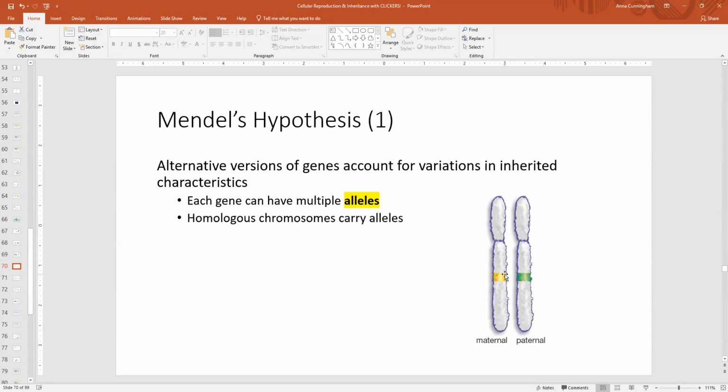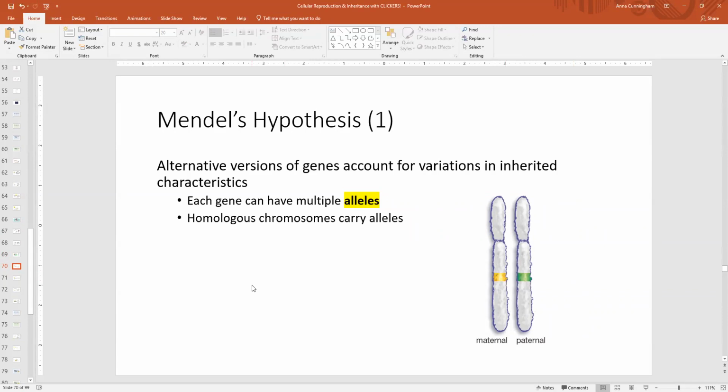And it's right there, same spot, same locus. However, there are different versions of the same gene. The maternal chromosome carries the allele for yellow pod color, whereas the paternal chromosome carries the allele for green pod color. So same gene, pod color, different version, which is an allele.